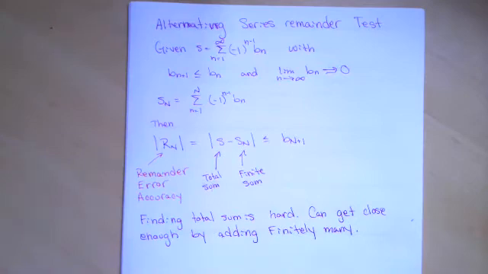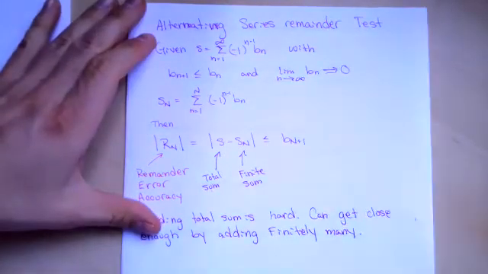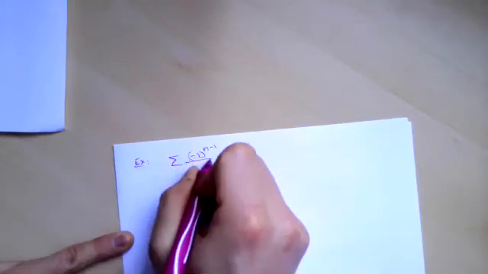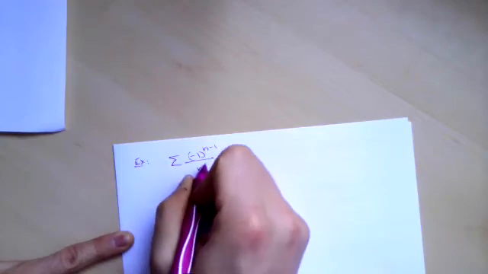So let's see an example. They're going to be phrased something like this. So let's say we've got a series, sum of (-1)^(n-1) over n cubed.